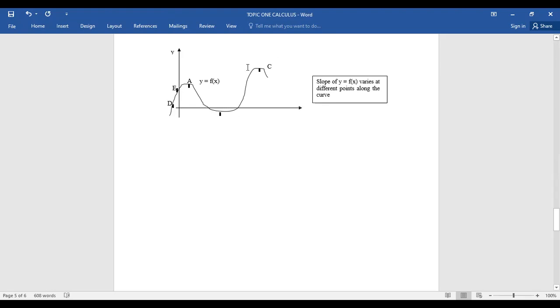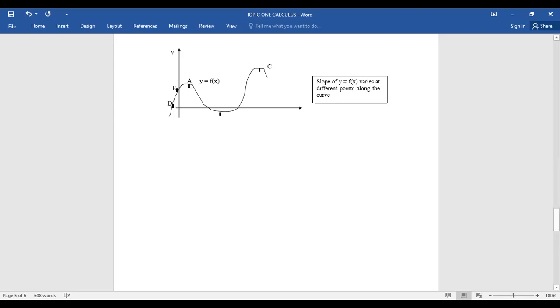So what we normally do in calculus is get the gradient of this line at a given point. That is the use of calculus. And that's why you say that calculus is concerned with the mathematical analysis of change or movement.